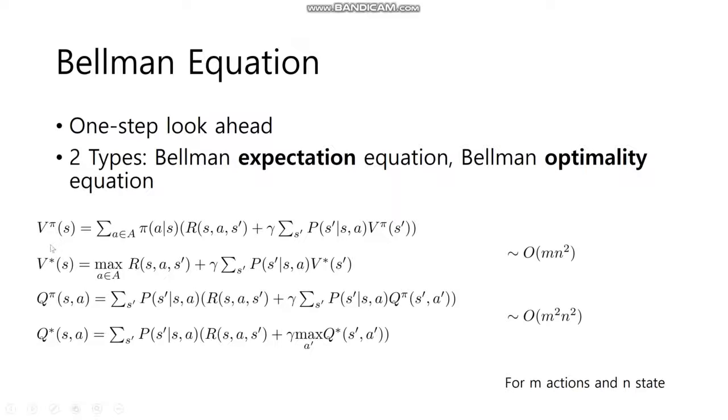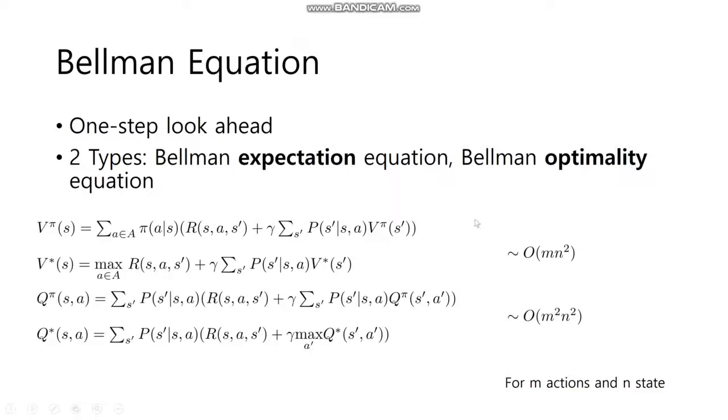In the case of the Bellman optimality equation, rather than taking the expectation, we're going to find the maximum value over actions. And in the case of the Q function, it's defined in a similar way. If there is a naive algorithm to calculate the values, the time complexity is going to be at least m n squared, where m denotes the number of actions and n the number of states.